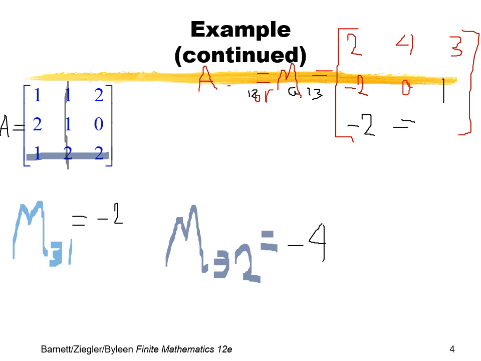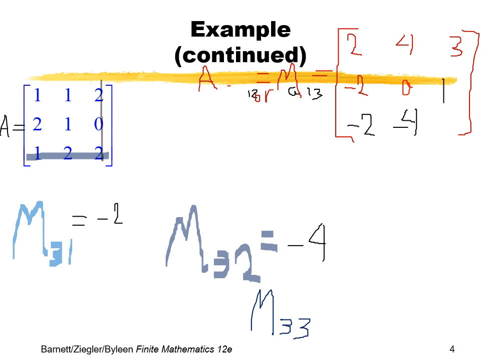The last minor M33, of course, comes from cancelling out the third row and the third column. So 1, 1, 2, 1.